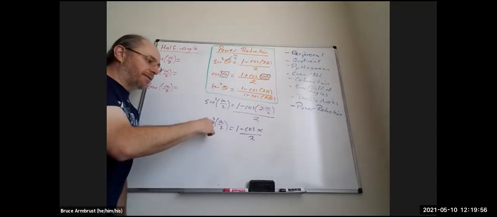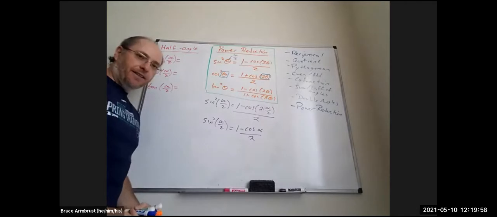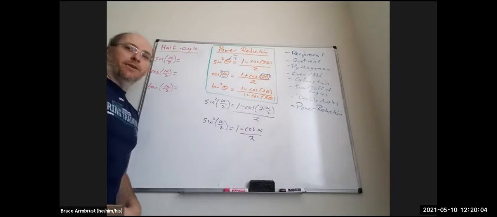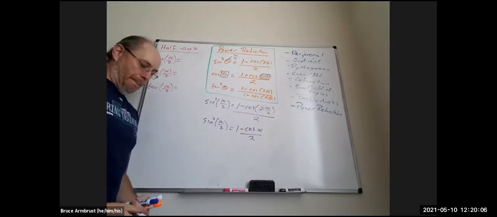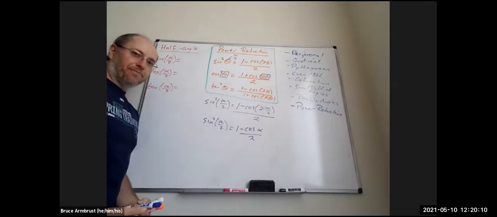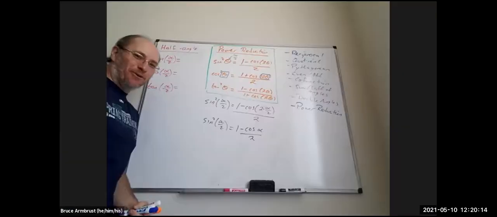So what can I do to get rid of that square? And I'll give you a hint. It's not trig. What do you do to get rid of squares? Take the square root of it. Yeah, just take a square root.